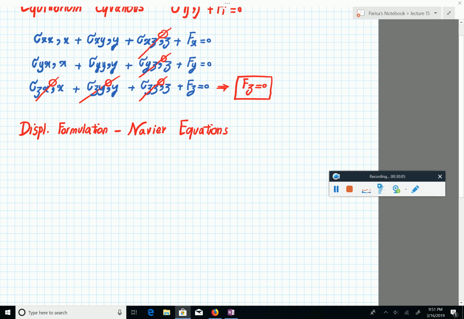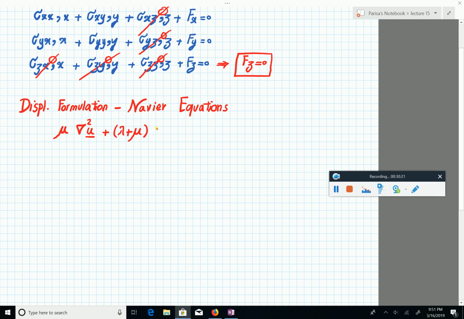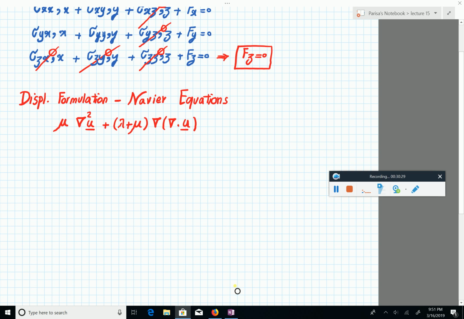Again, the equations have the general form of mu, Laplacian of u, plus lambda plus mu, where lambda and mu are the Lamé constants, gradient of divergence of u, plus f equal to 0.